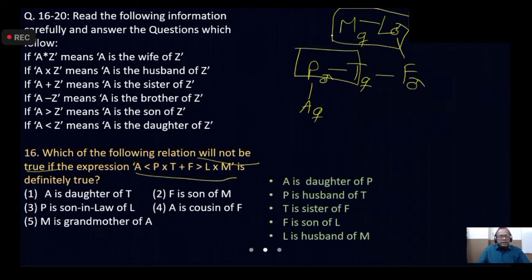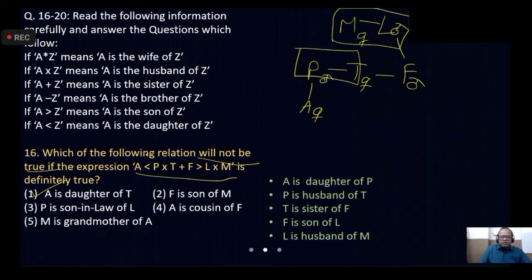Now from this what can be deduced? Choice number 1. A is daughter of T. A is here, P and T are husband and wife, so A is daughter of T. It is true. Can it be the answer? No. We know that out of 5, 4 will be true. We need to find out the one that is not true.